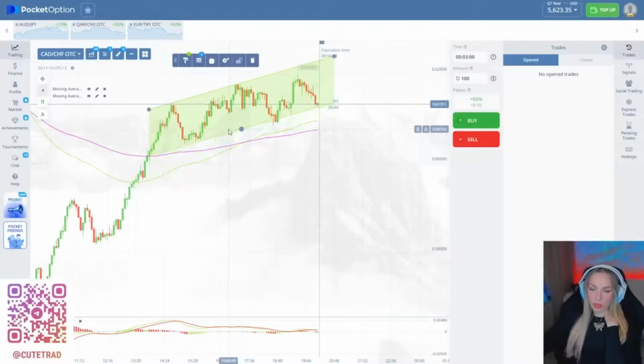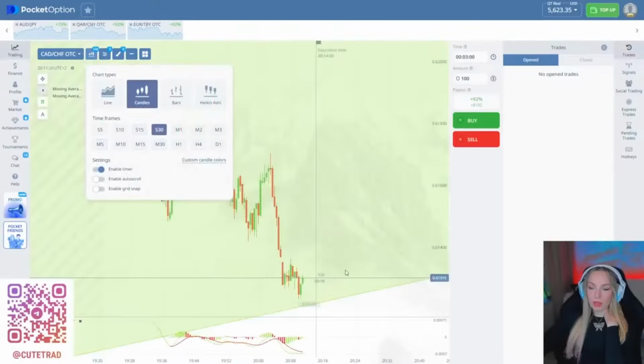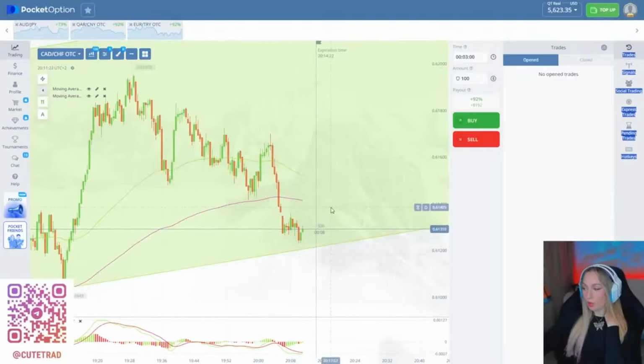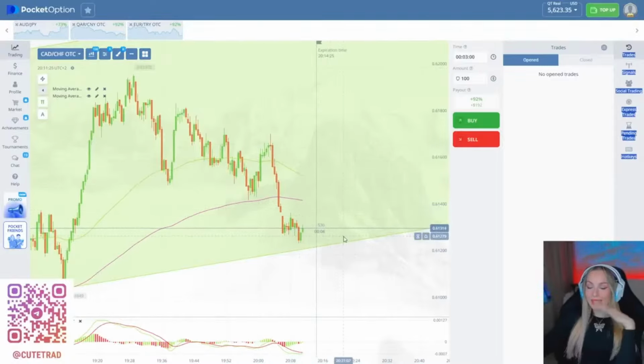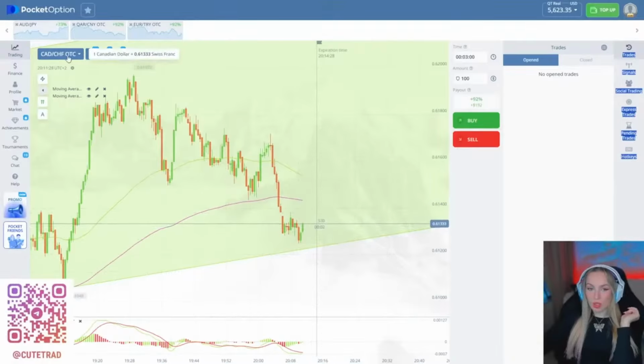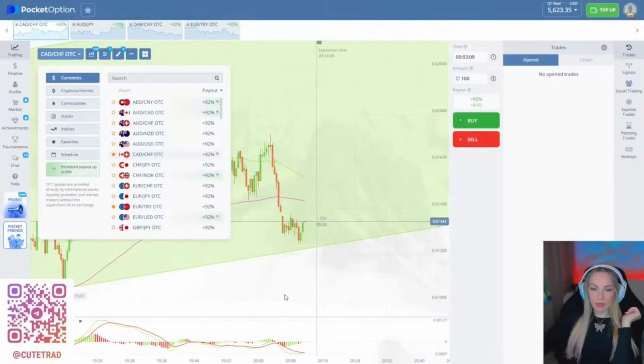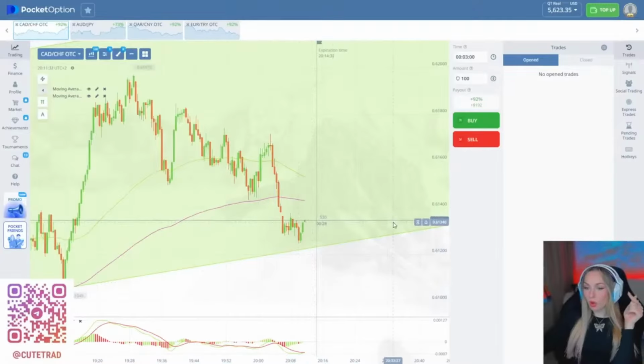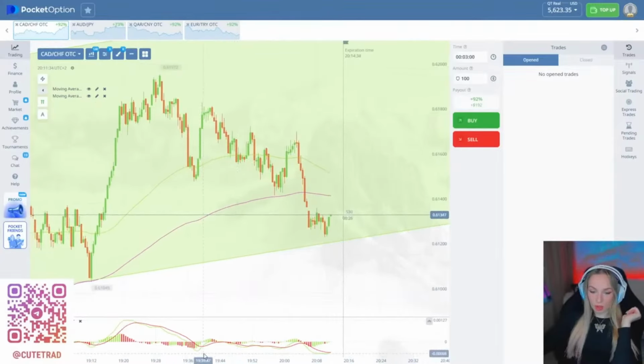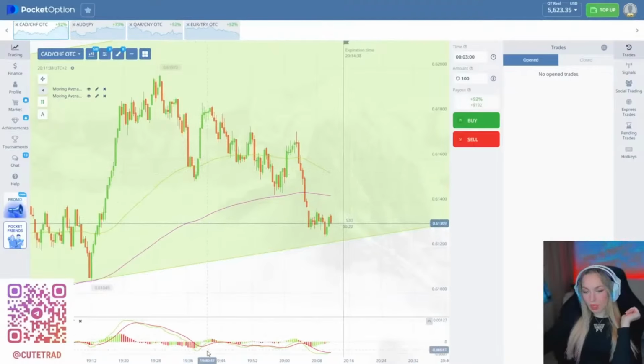I see the support right here, and our price is super close, it's on support right now. So I believe that soon we can open the trade in the upward direction. I will definitely save this one. Though last time, there was a false signal.